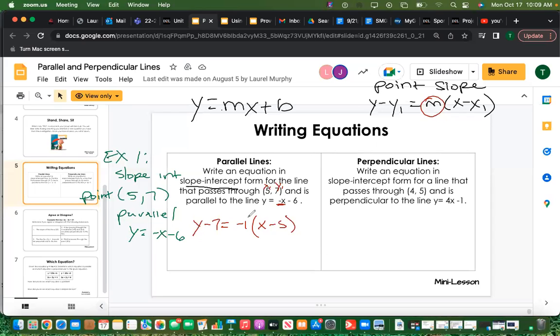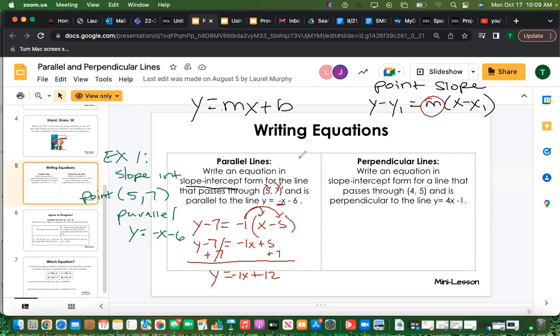So what you're going to do is distribute that -1 and then move that 7 to the other side by adding it. So y equals -1x, 7 plus 5 is going to give us 12.